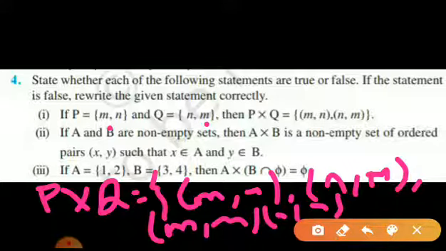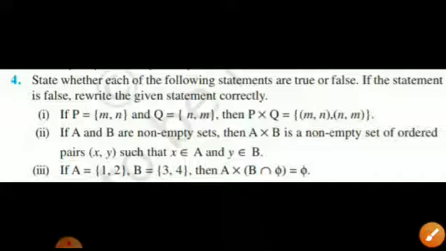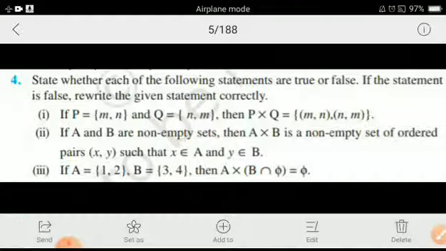In all, P cross Q will contain 4 elements. Which are the 2 more elements? That will be (m, m) and (n, n). Hope that is clear to you.